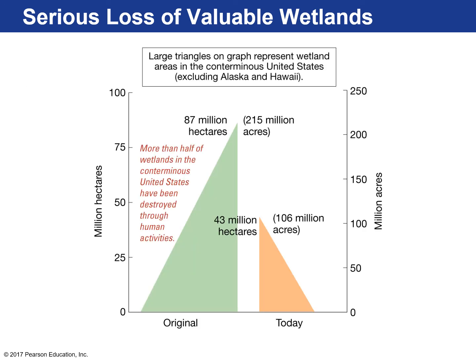And here's just a visual of how much wetland land we've lost in the continental United States. Undisturbed wetlands, we had about 87 million hectares, and then through human activities, only about 106 million acres are left.